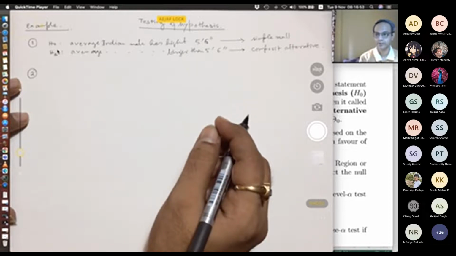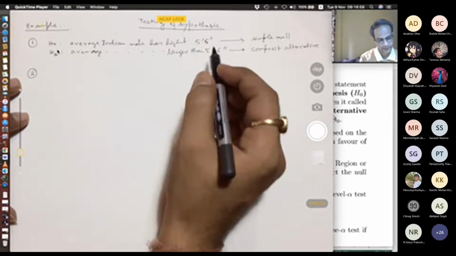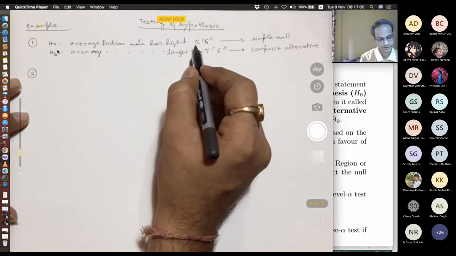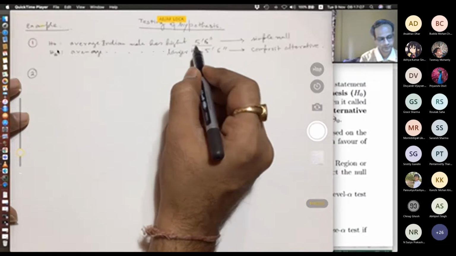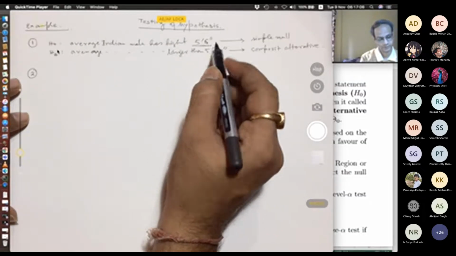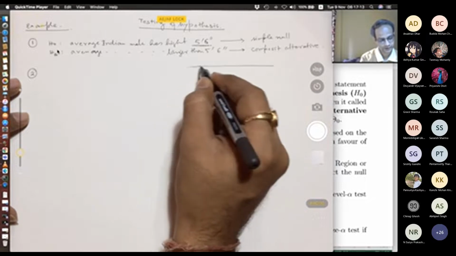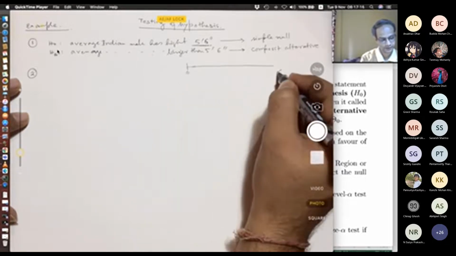Sir, why is the above one a simple null? Because it can contain more than one person, right? No. As specified by this statement, it is simple. This is specifying only one point. So in the real line, let us consider 0 to infinity.